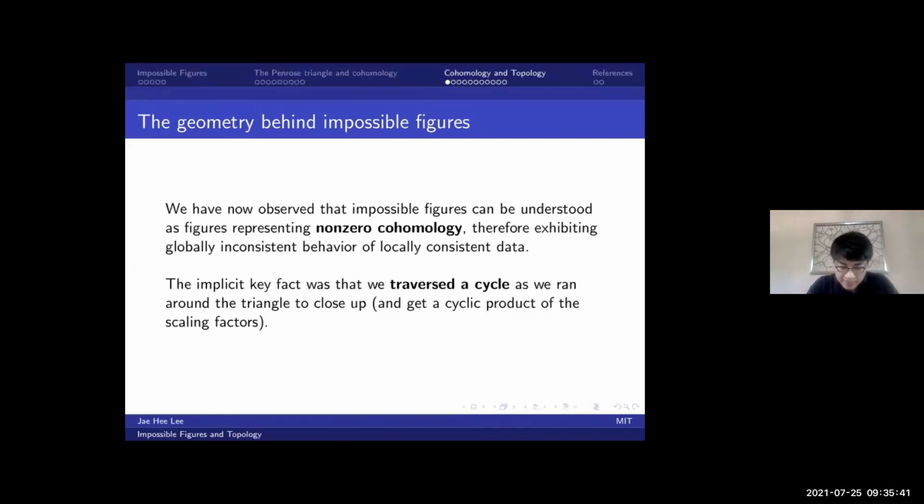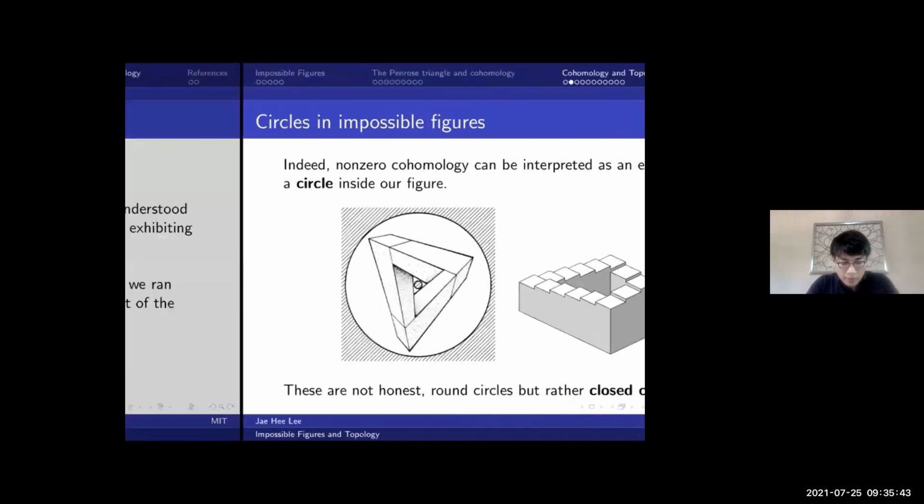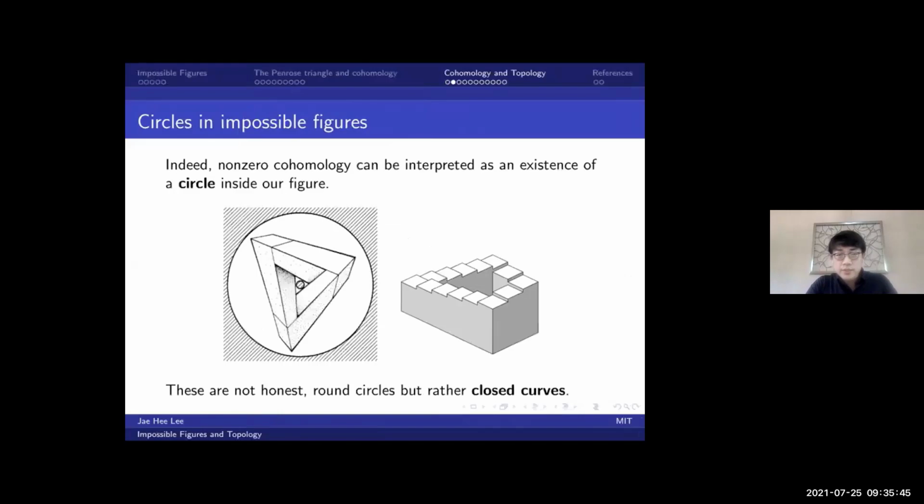So indeed, this non-zero cohomology can only happen if you have some sort of non-trivial circle inside your figure. We started with this Penrose triangle, and we see that we have this circular, or annular shape, if you wish, inherent in this two-dimensional object.